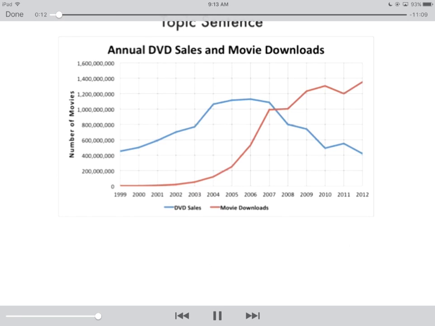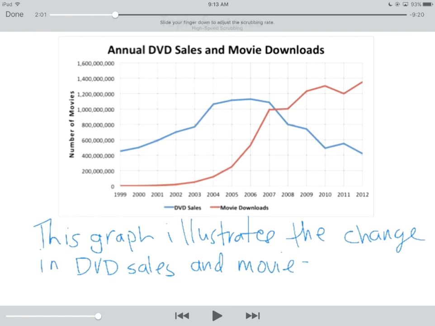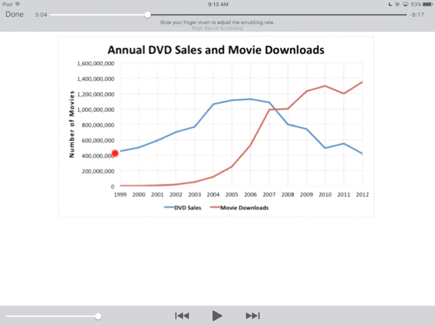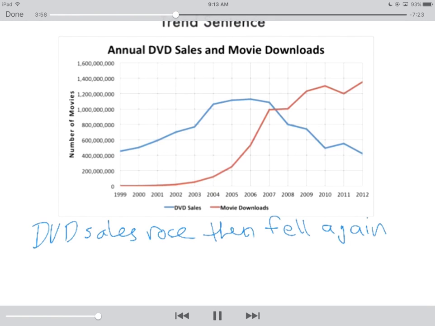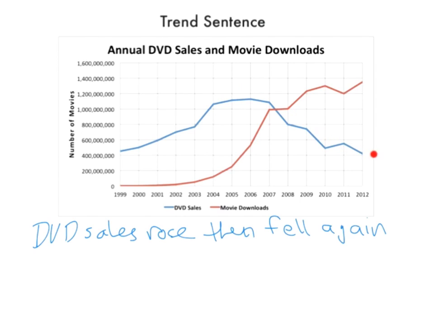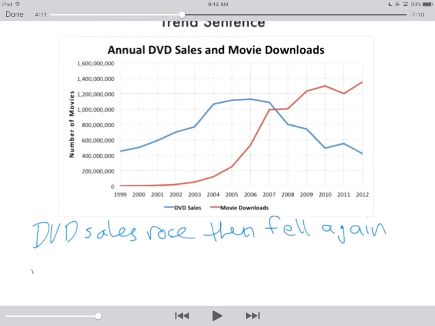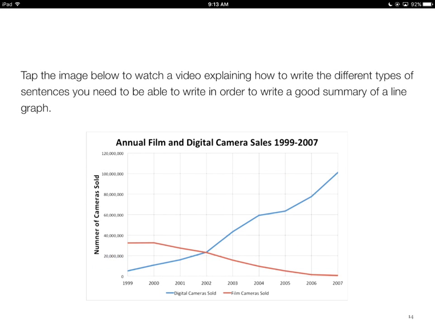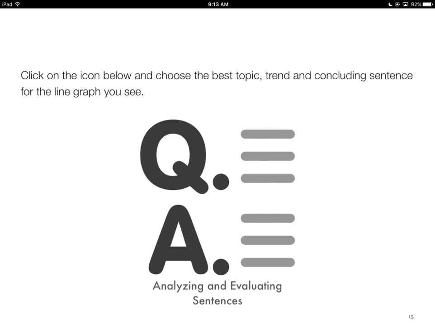So what I've done here is I highlighted various parts of the line graph with my laser pointer, and then actually written out the sentences, so the students are able to understand the process they must go through in order to write each of the 4 types of sentences they need to be able to write to complete a line graph summary.